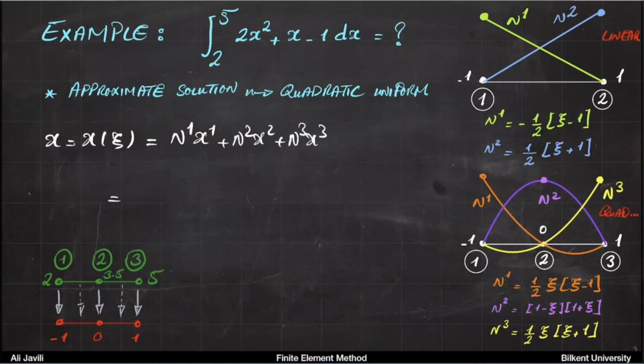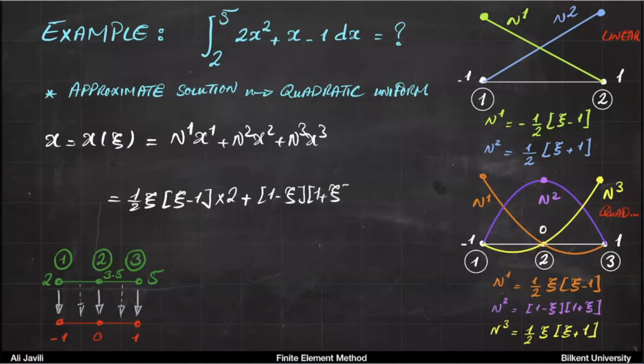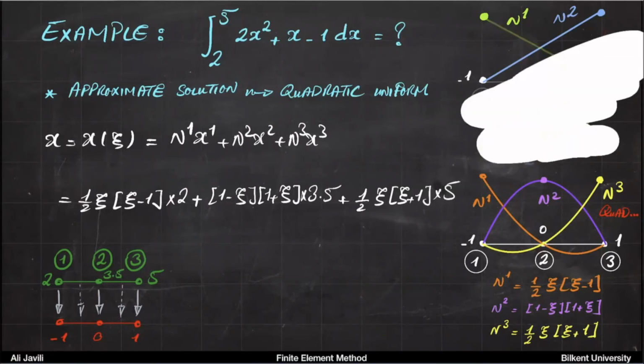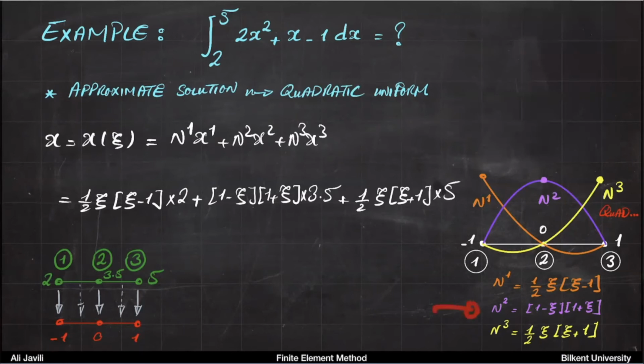Now this is very interesting because n1 is a quadratic function: 1/2 c times (c minus 1) times the coordinate of point 1, that is 2, plus n2, which is (1 minus c) times (1 plus c) times 3.5, plus n3, which is 1/2 of c times (c plus 1) times 5. Let me also remove the linear one so that you are not confused. We took these shape functions, obviously. So what do you think you will get from this?